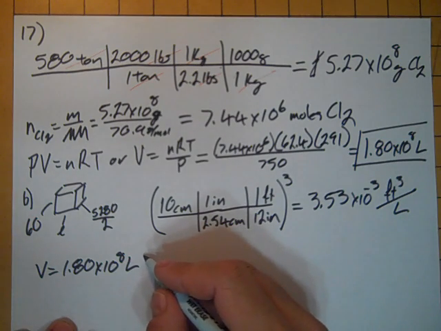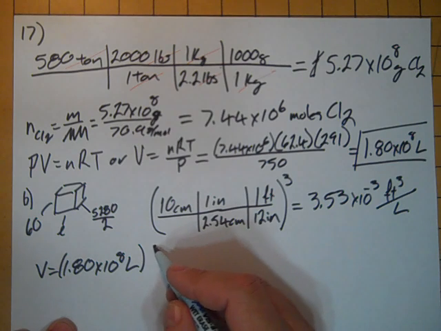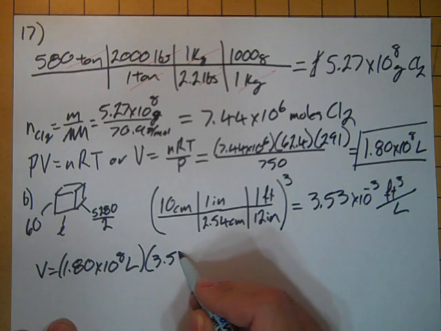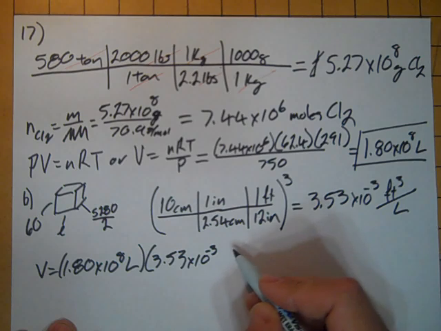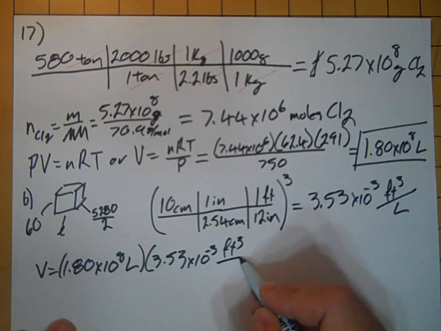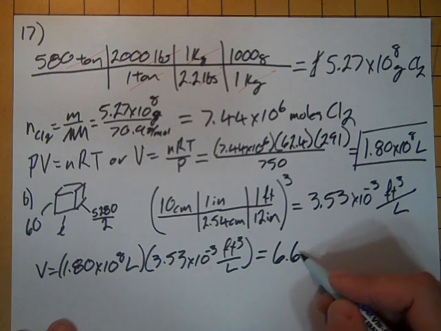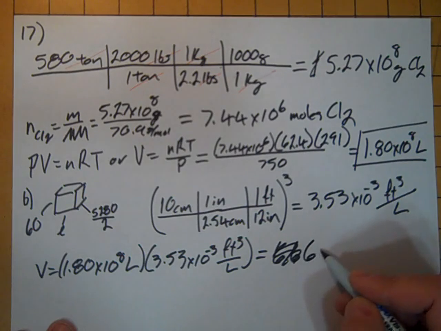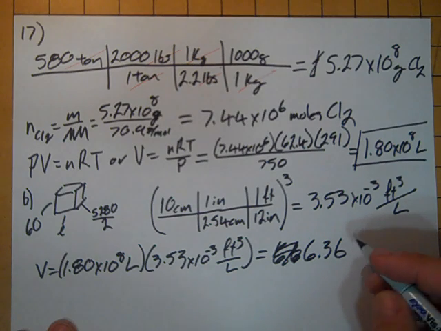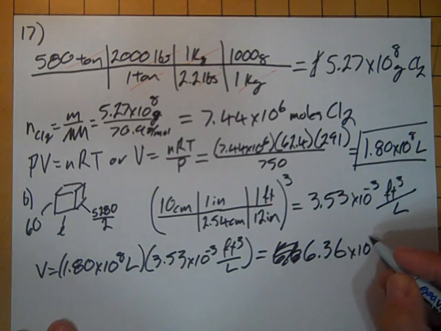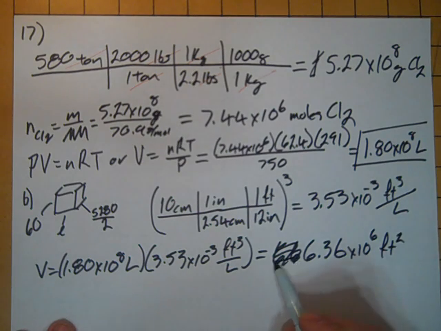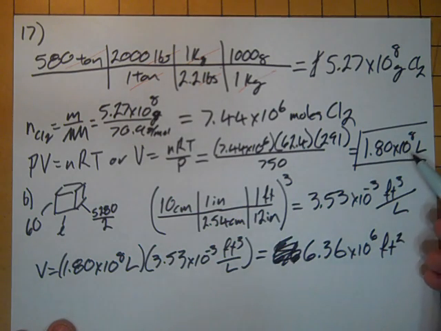If I multiply this by 3.53 times 10 to the minus 3rd cubic feet per liter, I end up with 6.36 times 10 to the 6th cubic feet. This is the same volume as that, just in cubic feet instead.